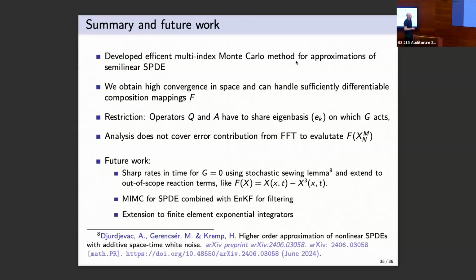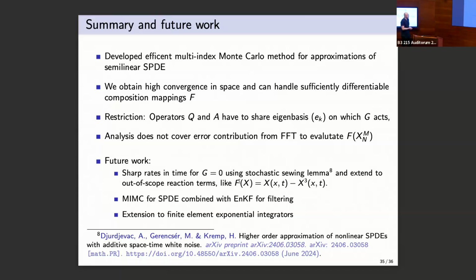Right, so then my time is up. I would just like to note that Anna, who is talking next, has a paper where they developed the convergence theory for rougher reaction terms. I think they used more advanced analysis than we did.